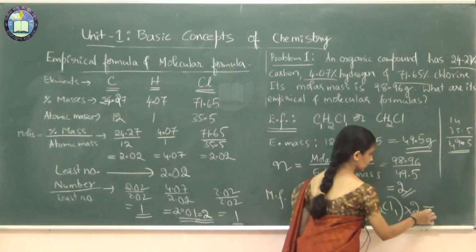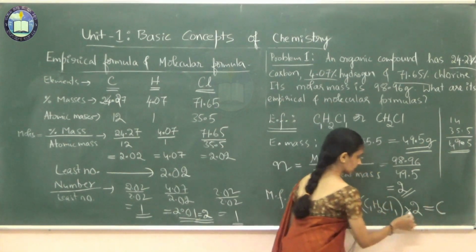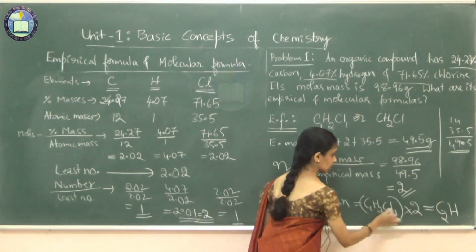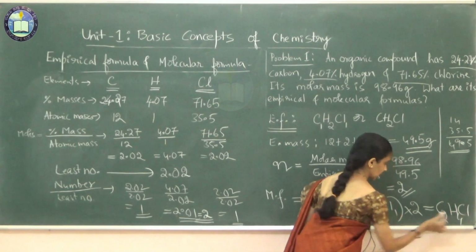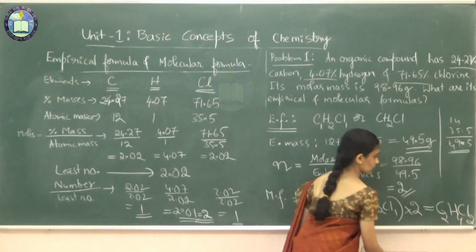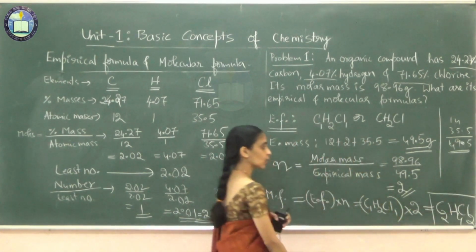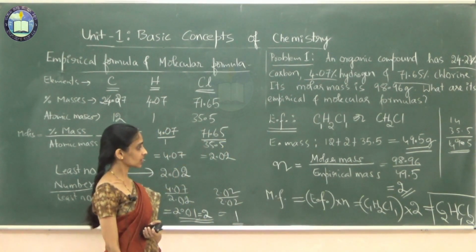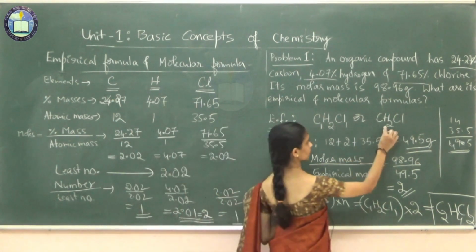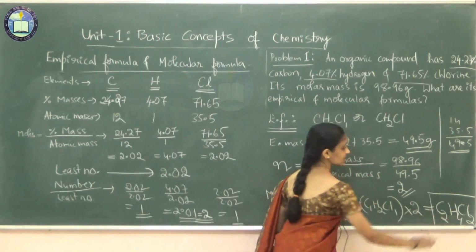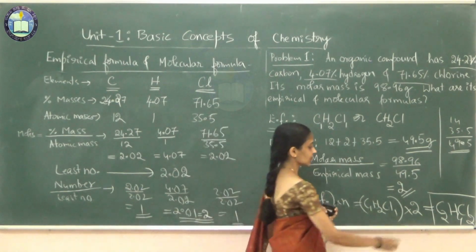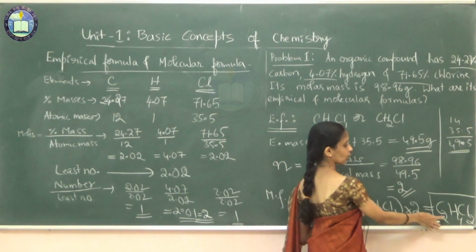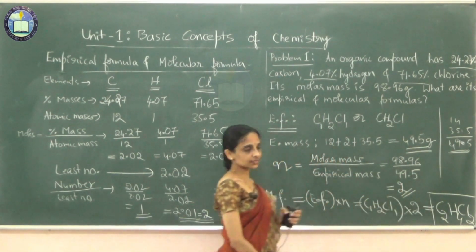So if you do the multiplication, you get C2H4Cl2. So this is the molecular formula of the organic compound. Empirical formula is this and molecular formula is here. You can see that the empirical formula is the simplified version of the molecular formula.